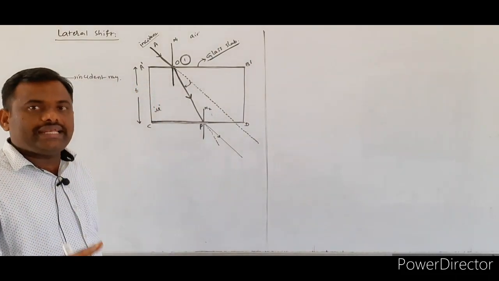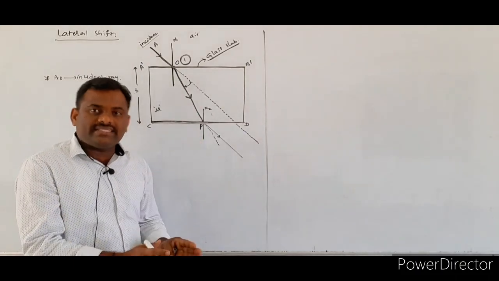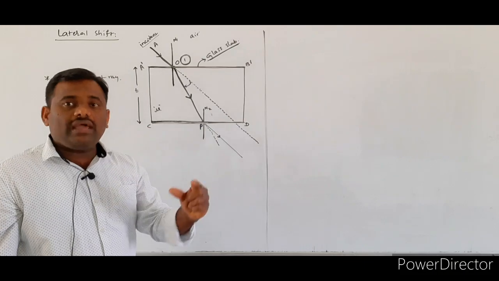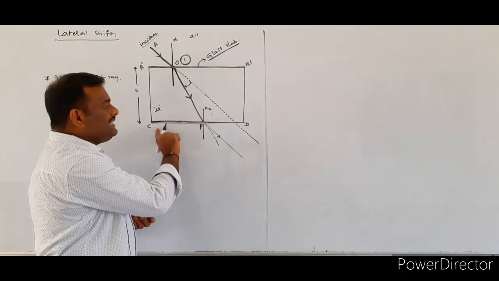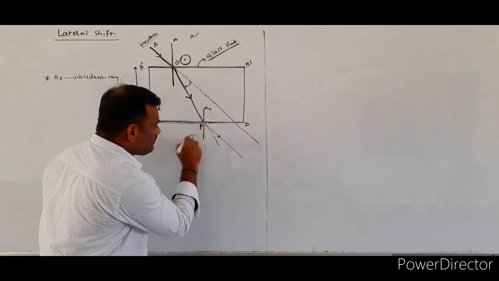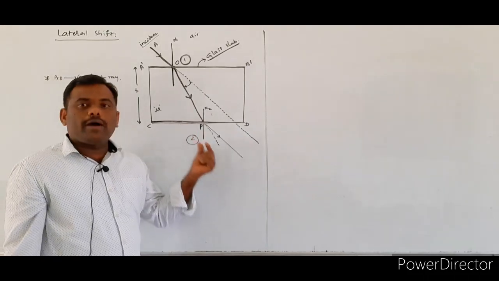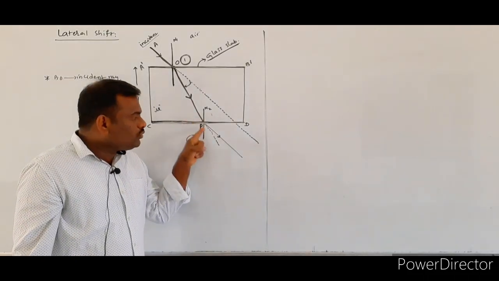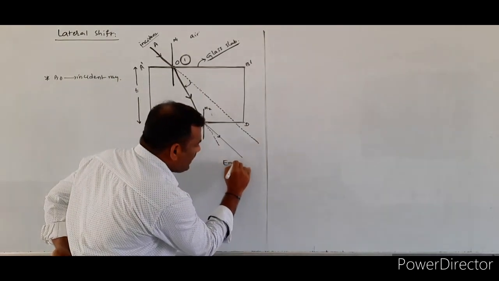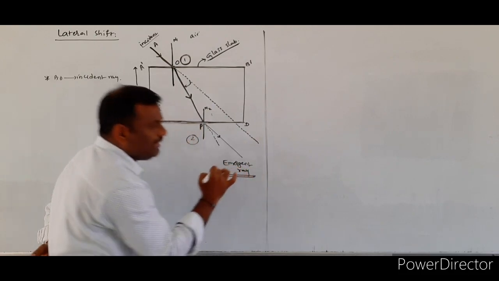The refracted light ray within the glass slab is again incident on the other refracting surface, C2D. Whenever this refracted ray is incident on the surface CD, secondary refraction takes place at the point P. The outcoming light ray is called the emergent ray.